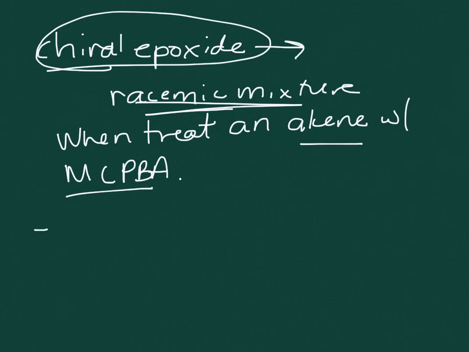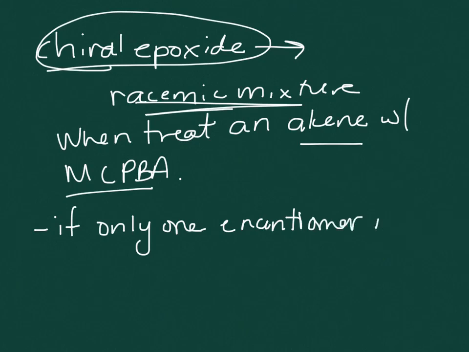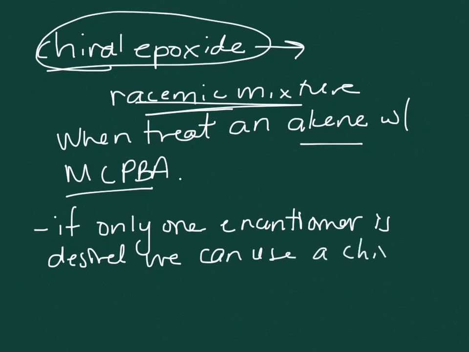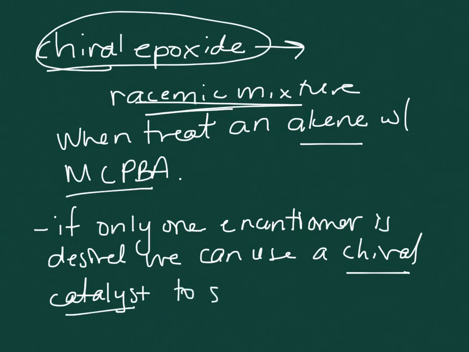Now, if only one enantiomer is desired, we can use a chiral catalyst to select for one enantiomer.